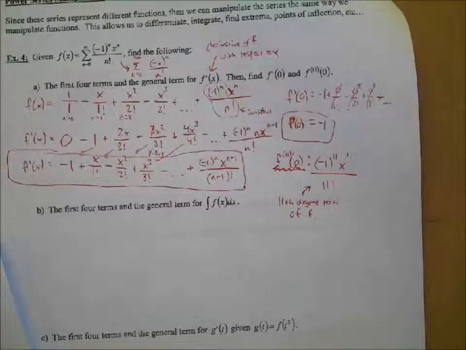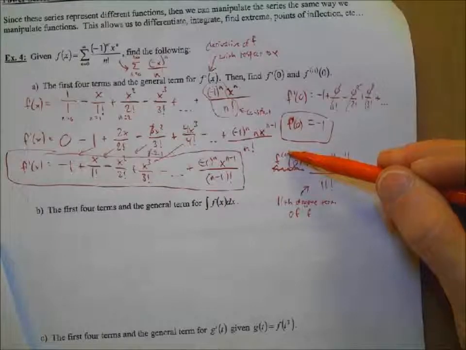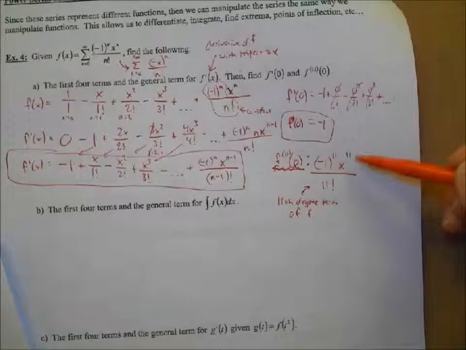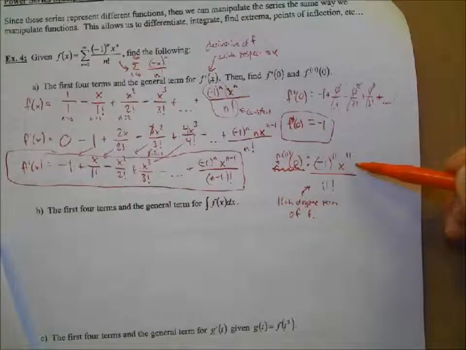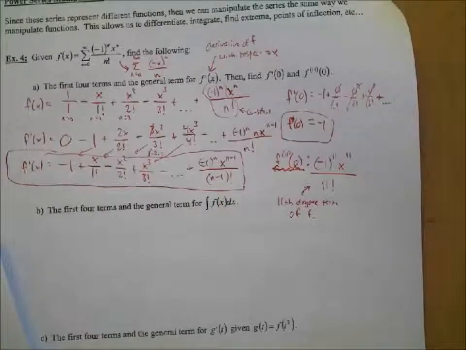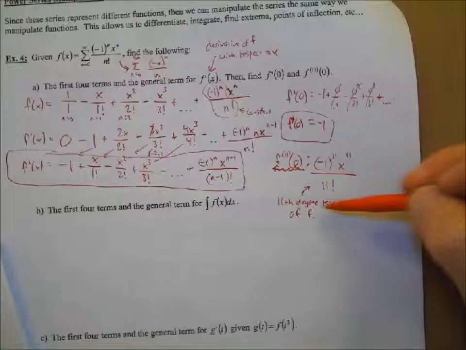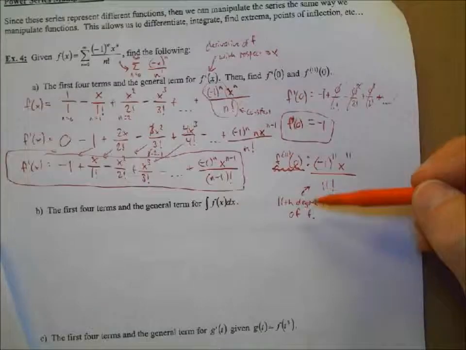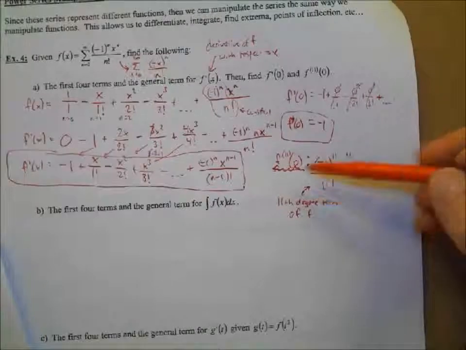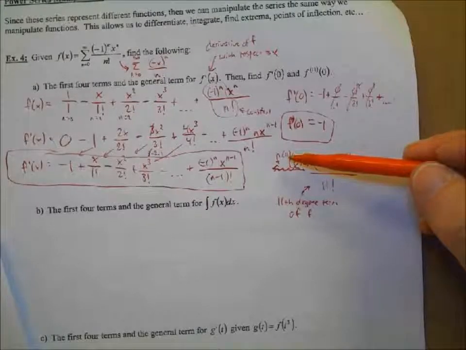Now, if we take 11 derivatives of this thing, it's going to reduce the power. We're going to have the 11 out front, then the 10, then the 9, the 8, the 7, 6, 5, 4, 3, 2, 1, down to 0. Any degree term smaller than 11, so the 10th degree term and smaller, when you take 11 derivatives of that, what will those end up being?